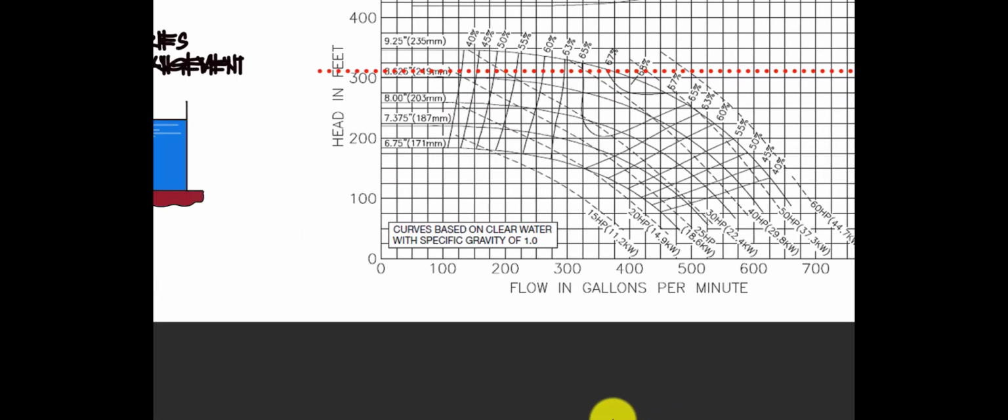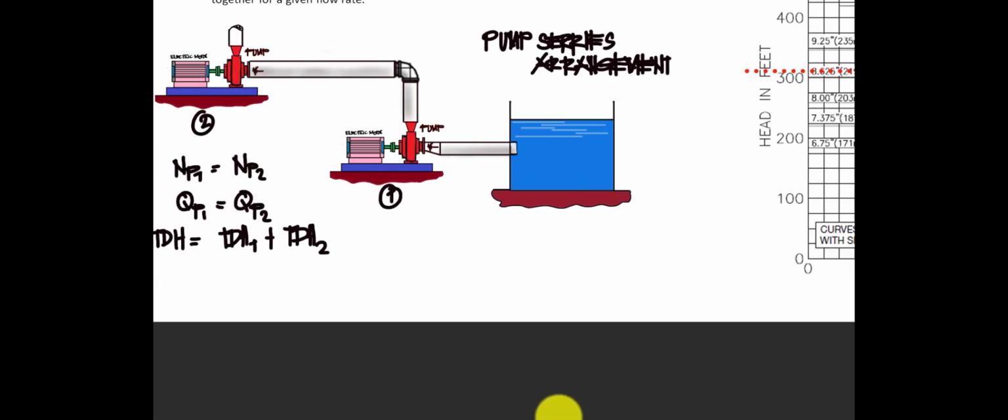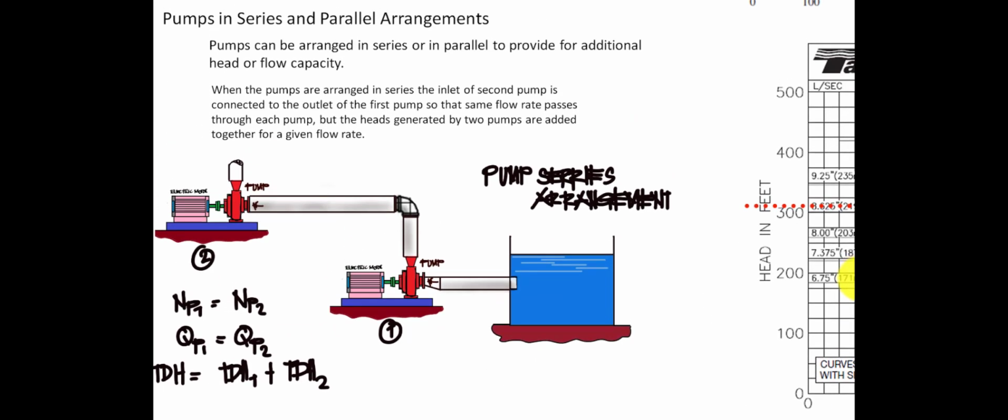Now, going back, so ito yung advantage ng using series pump arrangement. But mostly, this is not advisable to use because of the complicated system. But later on, we'll discuss yung tinatawag natin na vertical multi-staging pump.